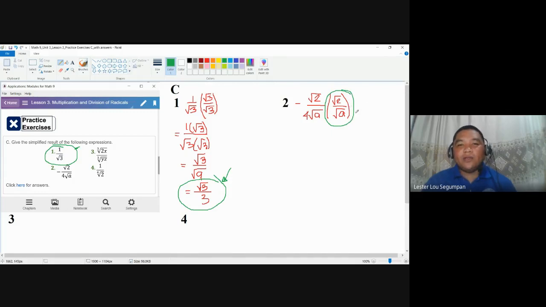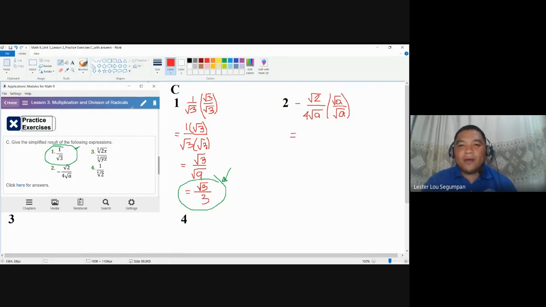Again, we are just going to multiply the given with 1 or an expression equal to 1 so that we are not changing the given. We are not manipulating the value of the given. So what we are going to place here is actually still square root of a so that they are still equal to 1. So let's proceed.